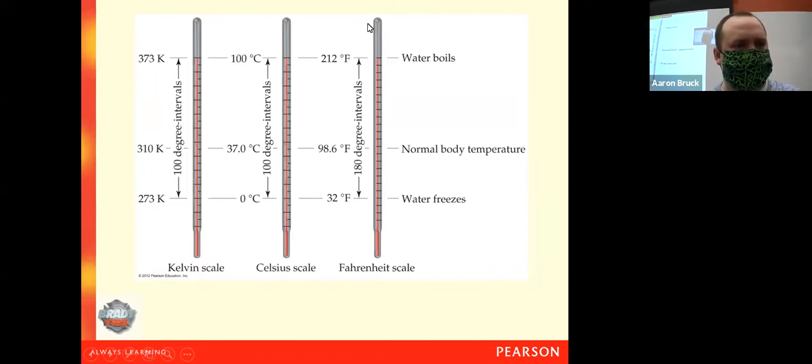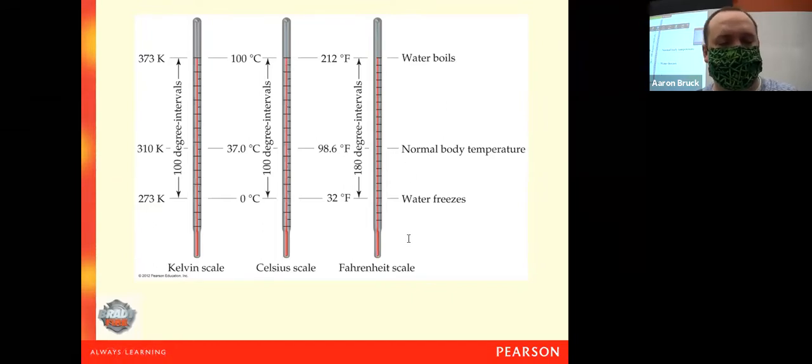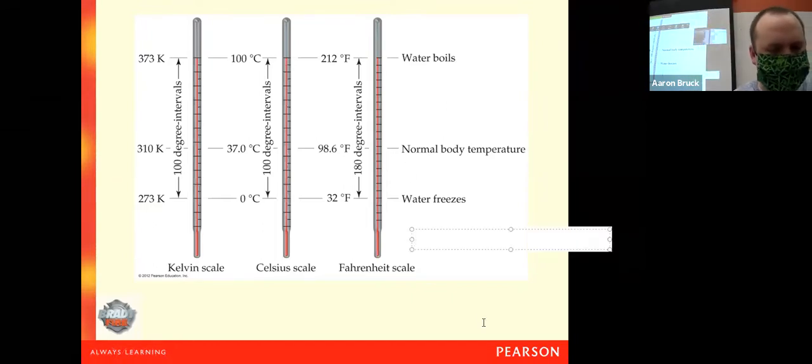And I shared with you a pair of equations, well, really a trio of equations that allowed us to convert between these 3 scales.